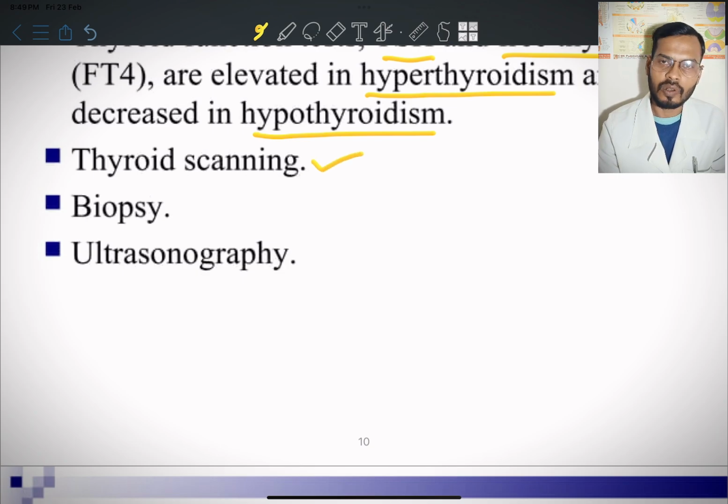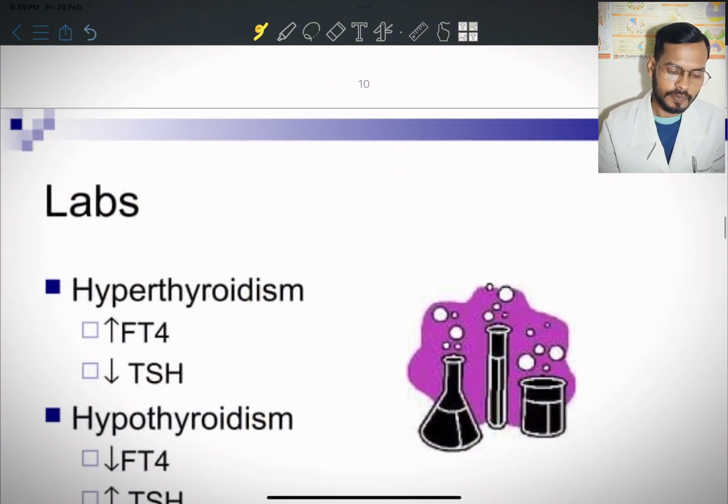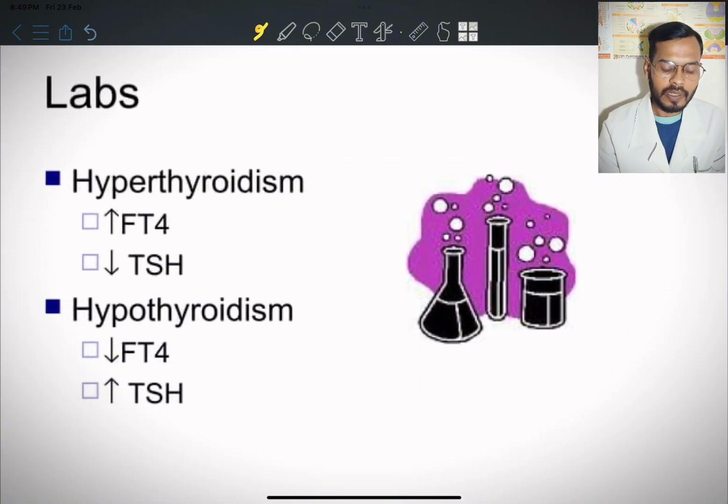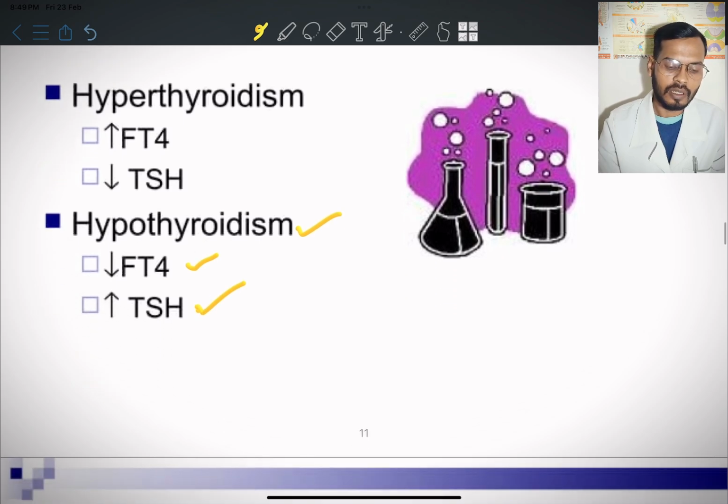We can also do thyroid scanning, biopsy, and ultrasonography. In lab tests for hypothyroidism, FT4 is decreased and thyroid stimulating hormone is increased. It is the opposite in hyperthyroidism.